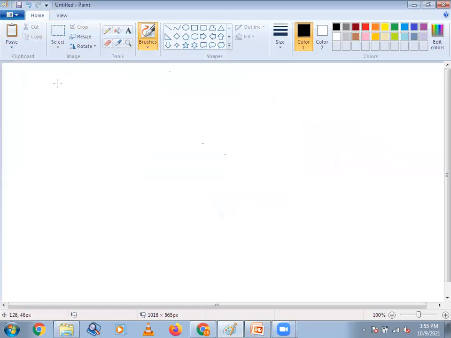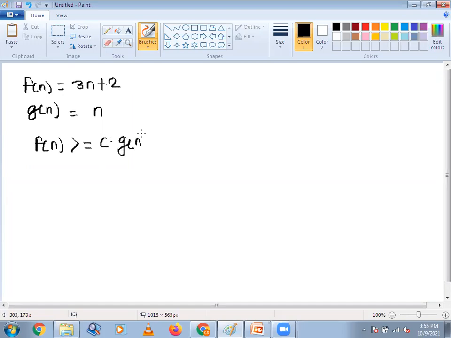Suppose f of n is equal to 3n plus 2 and g of n is equal to n, such that f of n is greater than or equal to c into g of n.